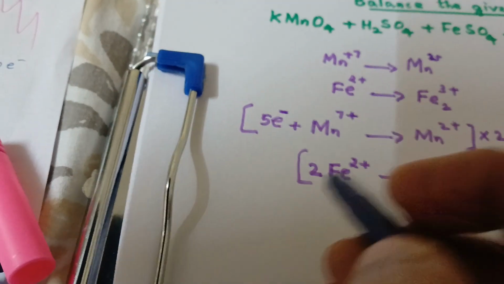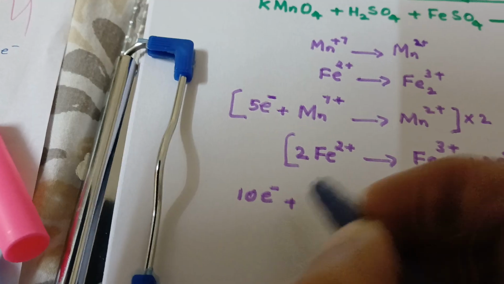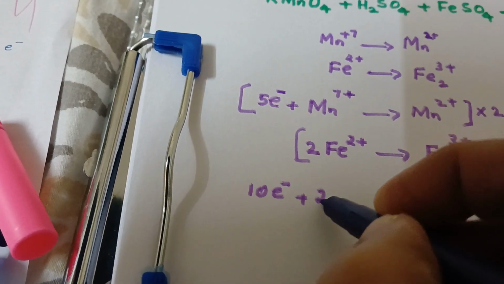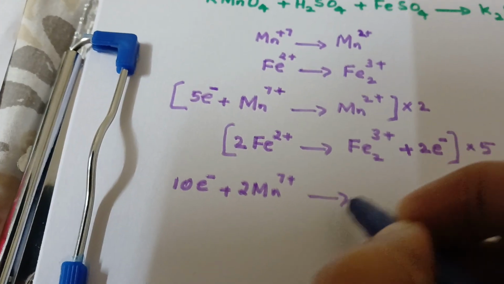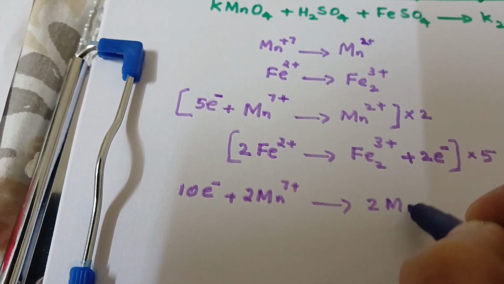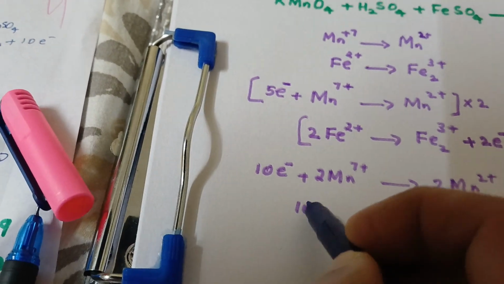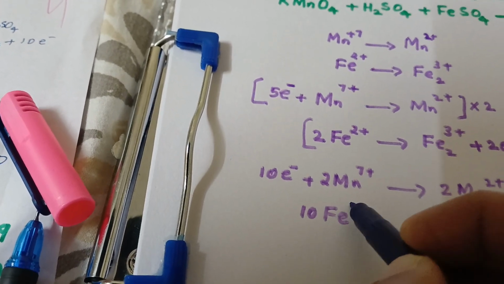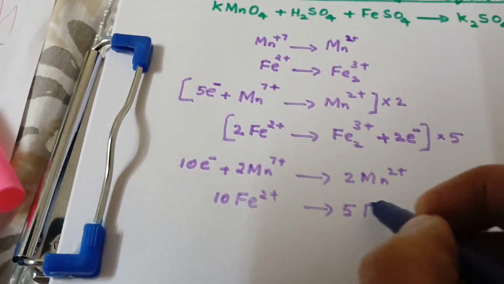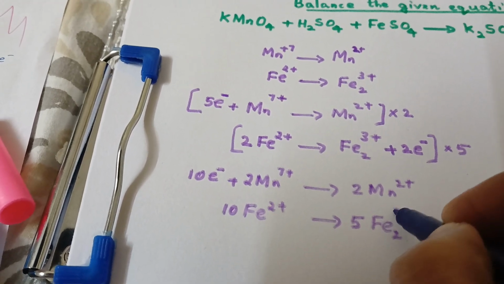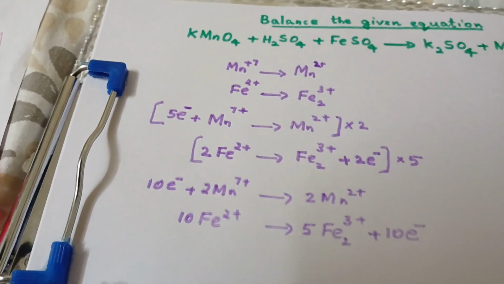That is 2 into 5, 10 e minus plus 2 Mn 7+ giving 2 Mn 2+, and the next equation is 10 Fe 2+ giving 5 Fe2 3+ plus 10 electrons.